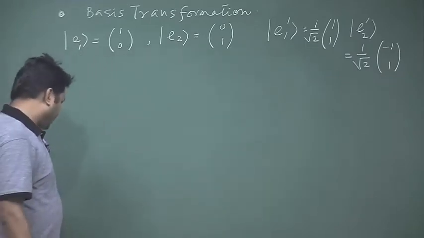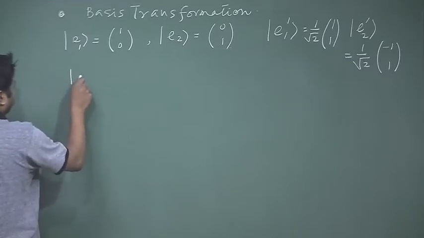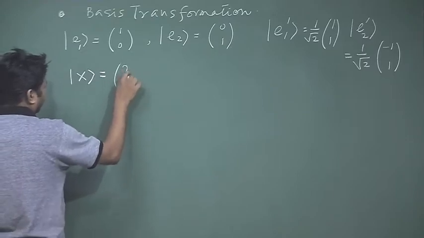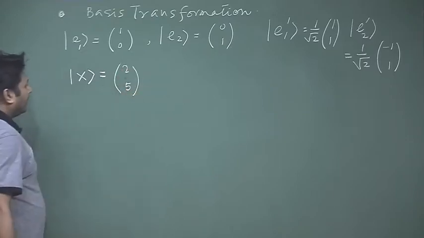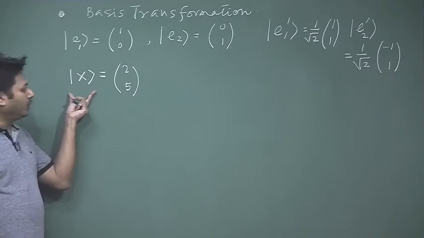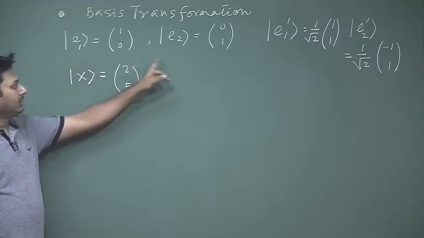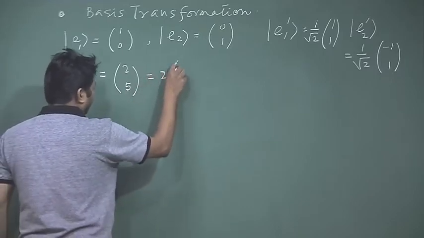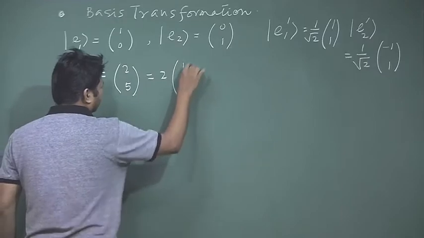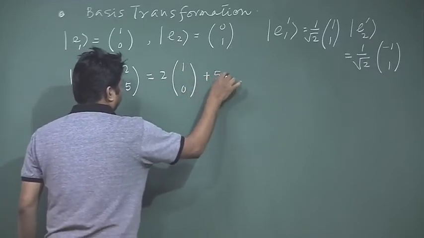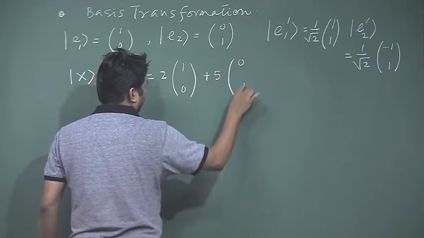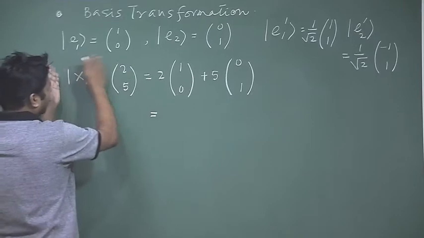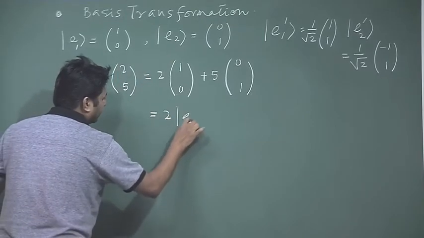So, now the question was, if a vector, that time I wrote x, let me write it, say 2 5, this component 2 and 5 is in non prime basis or natural basis. So, I can write it as 2 times 1 0 plus 5 times 0 1 like this, in terms of E1 and E2.